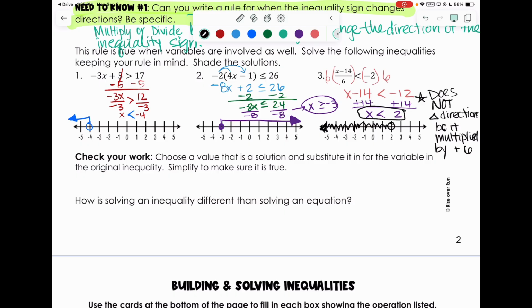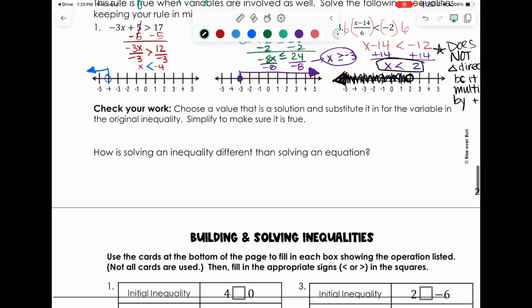Because sometimes my pencil doesn't necessarily show which side I'm shading. So to show Mrs. Byun, I really wanted this side to be shaded. Sometimes I have my students do that just so that it's super obvious. But don't scribble over the circle, so I know it's open, not closed. Great question. Anyone else?